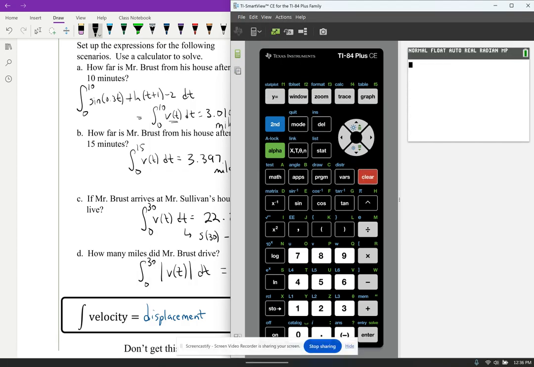So I'm going to come over here, and we're going to take the math 9, the integral from 0 to 30 of the absolute value of my equation in y1. Absolute value lives in math, and if you go over to the number menu, abs is the absolute value. Then I want to say, calculator, remember the equation I saved in y1, so I alpha traced it in there, and that's going to give me the total distance he actually drove.